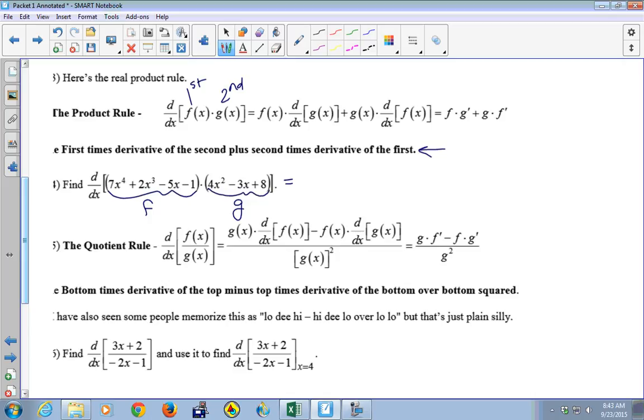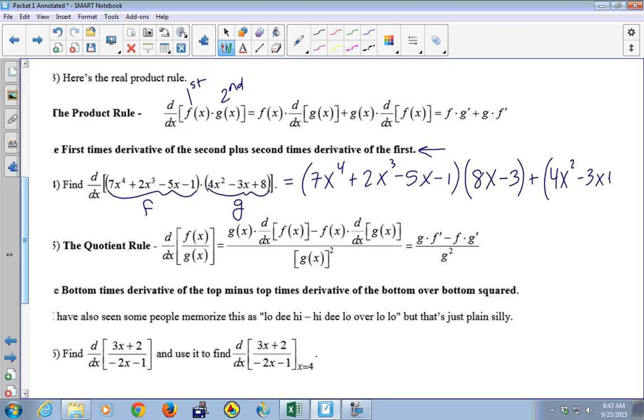So my derivative is f, 7x^4 + 2x^3 - 5x - 1, times the derivative of g. The derivative of 4x^2 - 3x + 8 is 8x - 3. That's right. Everybody said it correctly. Plus g, which is 4x^2 - 3x + 8, times the derivative of f.